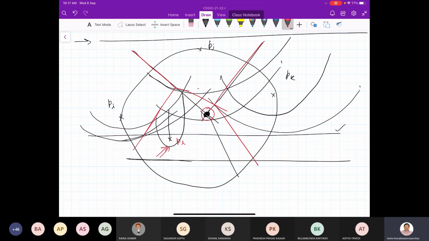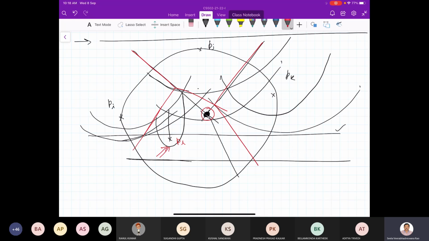A circle event only takes place if the three consecutive sites, the corresponding parabolas, are adjacent in the sweep-line status. Otherwise, it won't take place. So whenever there is a change in the sweep-line status, we have to see whether the previous three consecutive parabolas are becoming non-consecutive or not.